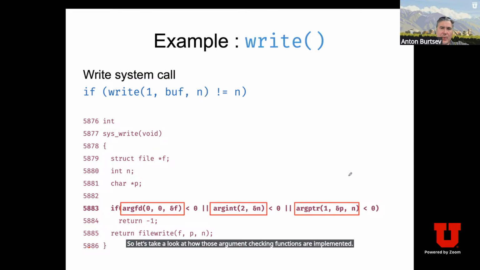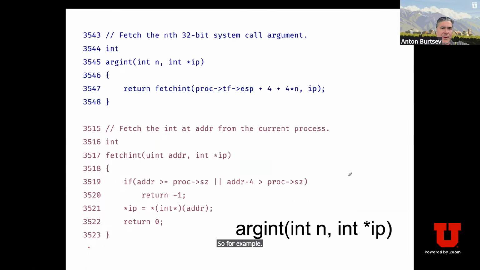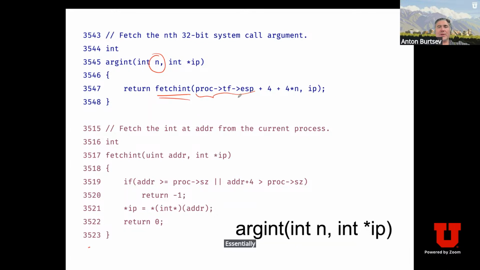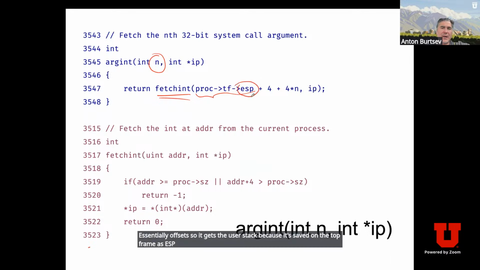So for example, let's first take the case where the kernel tries to fetch an integer argument. Essentially, we'll have a helping function, which is fetchint. It takes the argument number and essentially offsets. So it gets the user stack because it's saved on the trap frame as ESP, right? So it's pushed by the hardware.